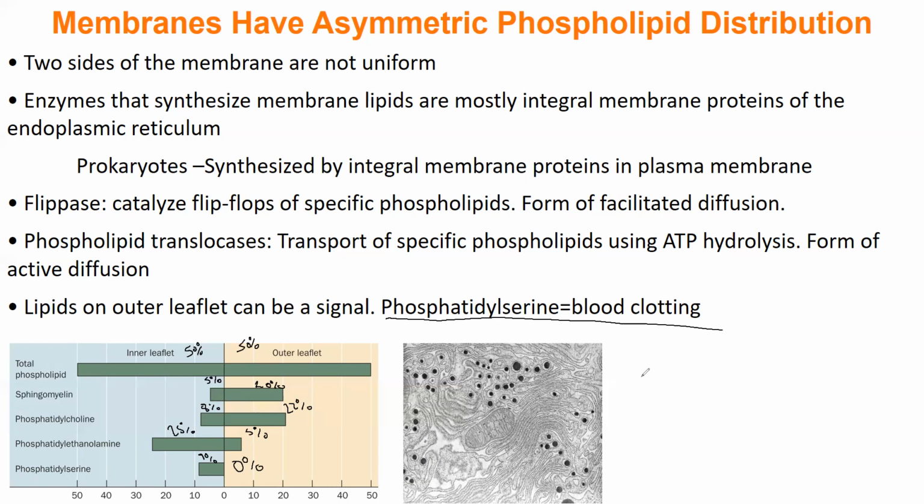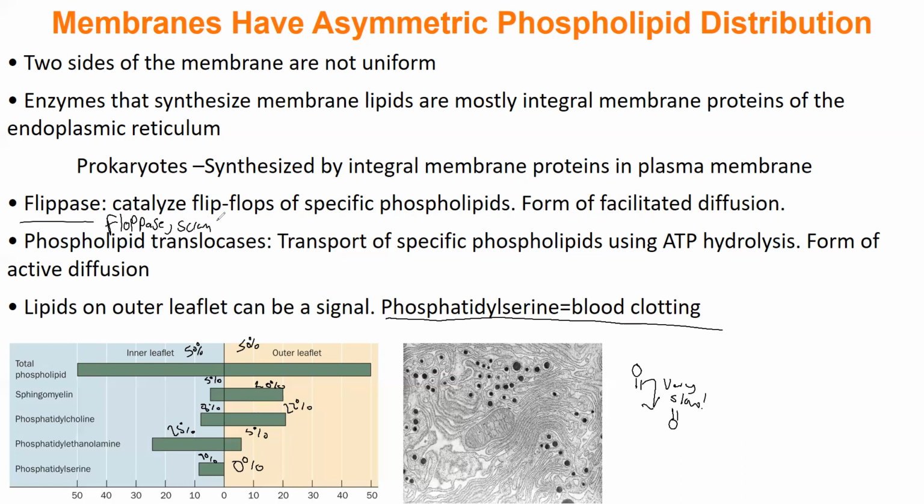If you remember, movement from one side of the lipid bilayer to the other side is very slow. And the answer is we have certain enzymes that move lipids from one side to the other, called flippase. You also have floppase and scramblase.